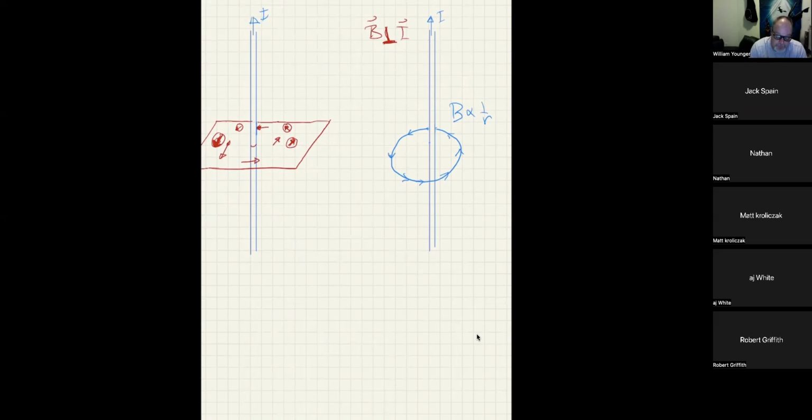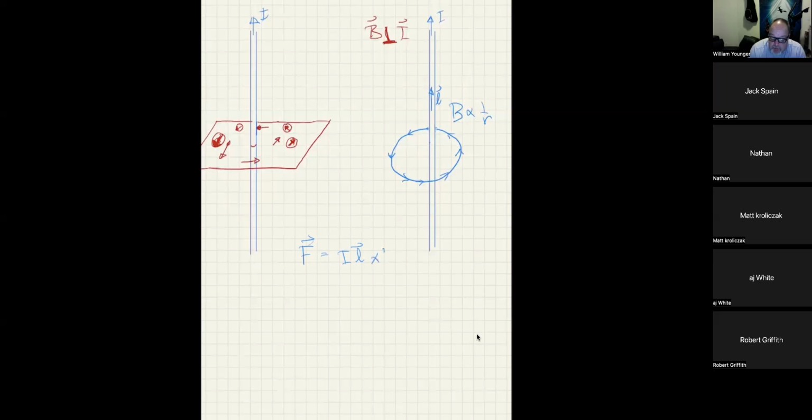All right, so if you want the force, it turns out that a force can be proportional to I times L, a vector that happens to be along the wire and pointing in the direction of the current. So in this case, this would be your L vector.